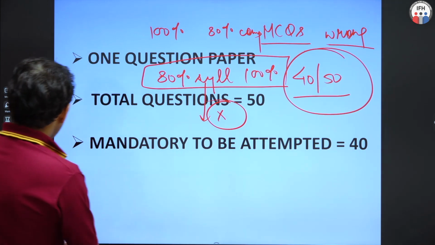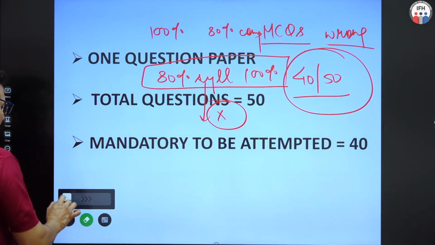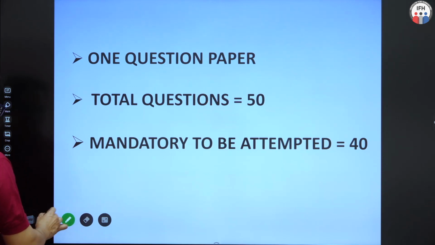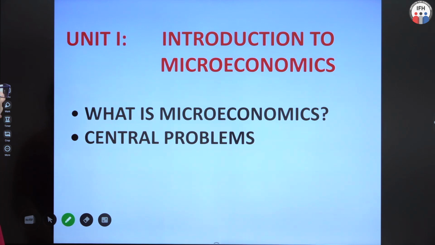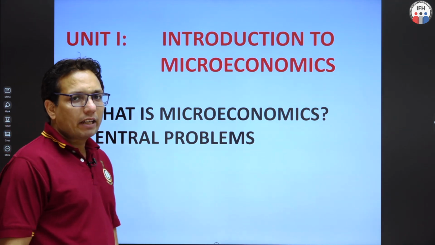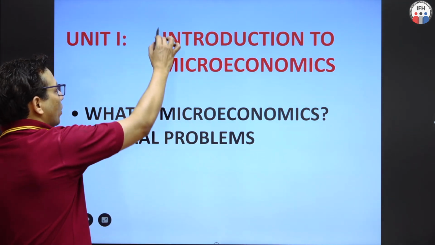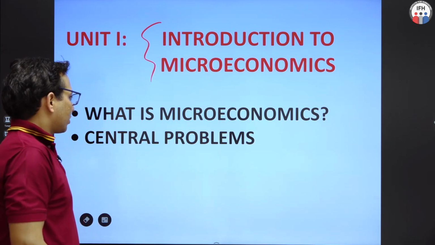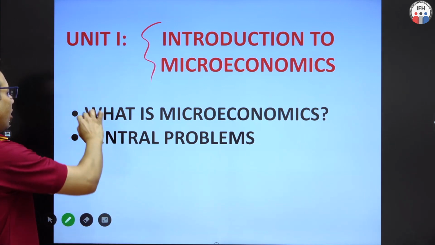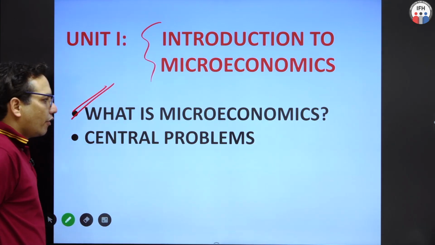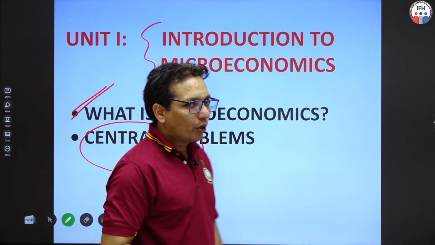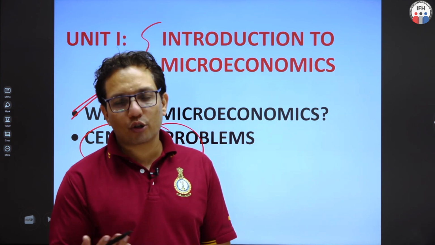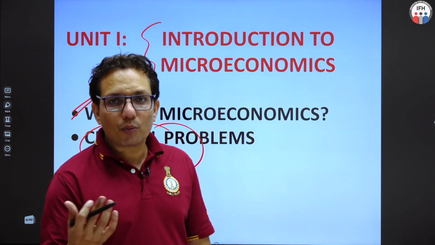Now let me tell you about the syllabus. The first unit given in the syllabus is Introduction to Microeconomics. Here we will be discussing what microeconomics is, how it's different from macroeconomics, and what the central problems are: what to produce, how to produce, and for whom to produce.